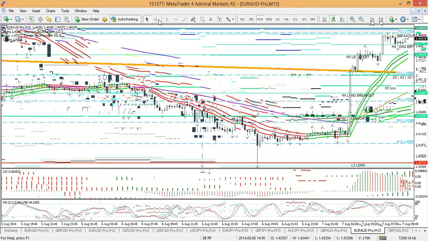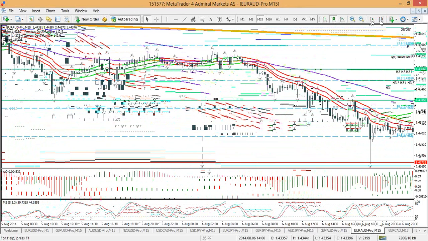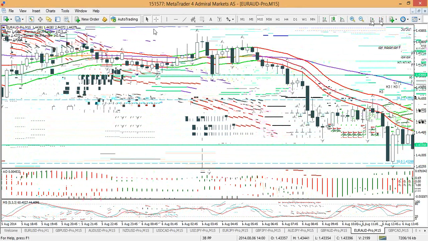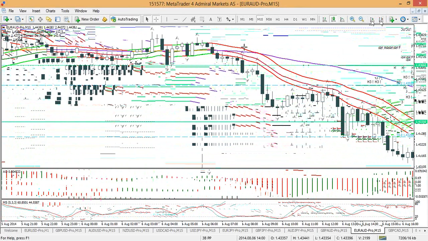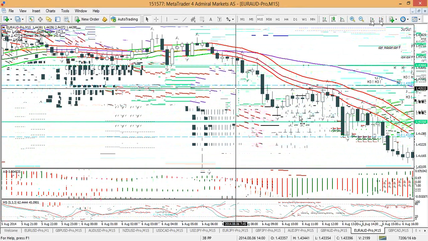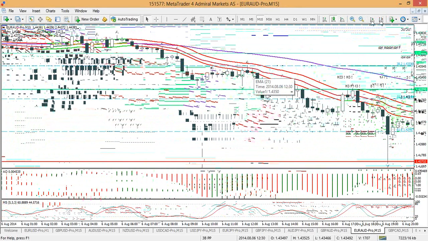Let me see. I went short on this candle. This one. This breakout candle below the bearish 21 EMA and 89 down. Got a follow through. I survived through this pullback. And then split the trade in two parts.